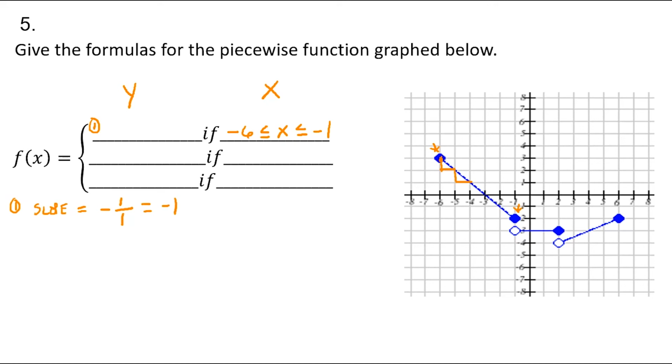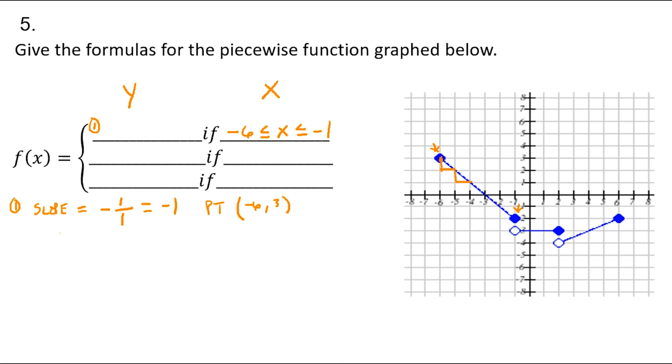So now to find the equation of the line that the segment falls on, I can use the point slope formula. So let's see, we'll use a point. We'll use this endpoint, and that is -6, comma 3.